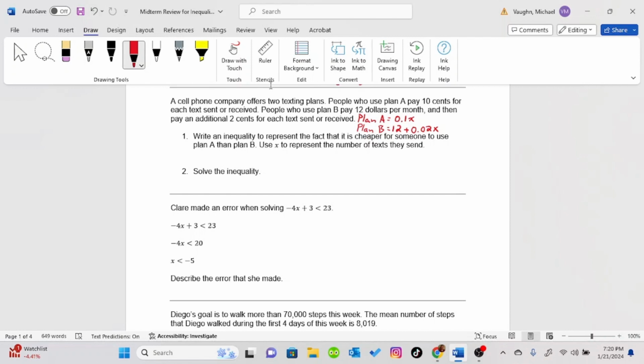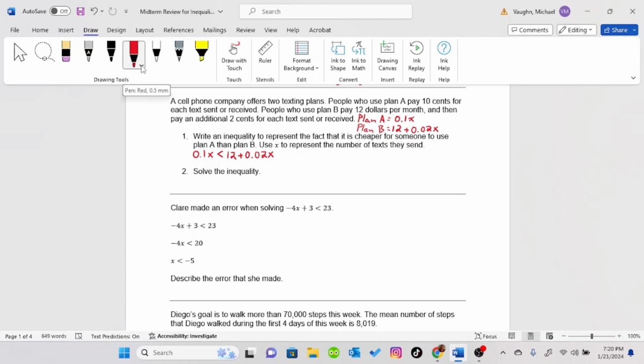Now, if we want Plan A to be cheaper than Plan B, we need to write 0.1x is less than 12 plus 0.02x. And this would represent the inequality.